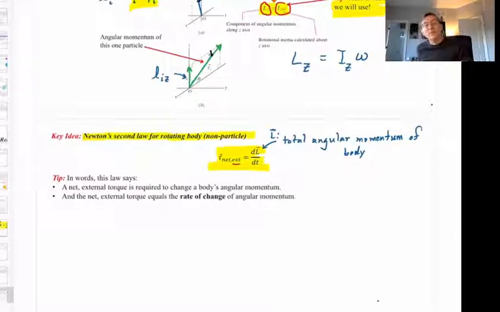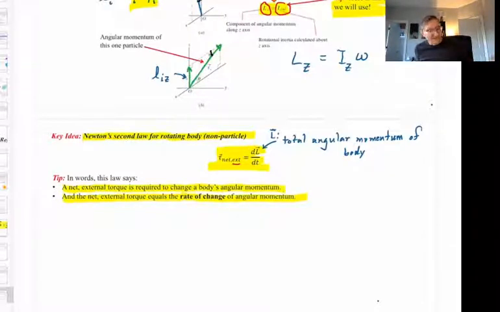Torques from external forces. Turns out internal torques from internal forces in an extended body cannot change that body's angular momentum. So in words, this expression says, a net external torque is required to change a body's angular momentum. And the net external torque equals the rate of change of that body's angular momentum.